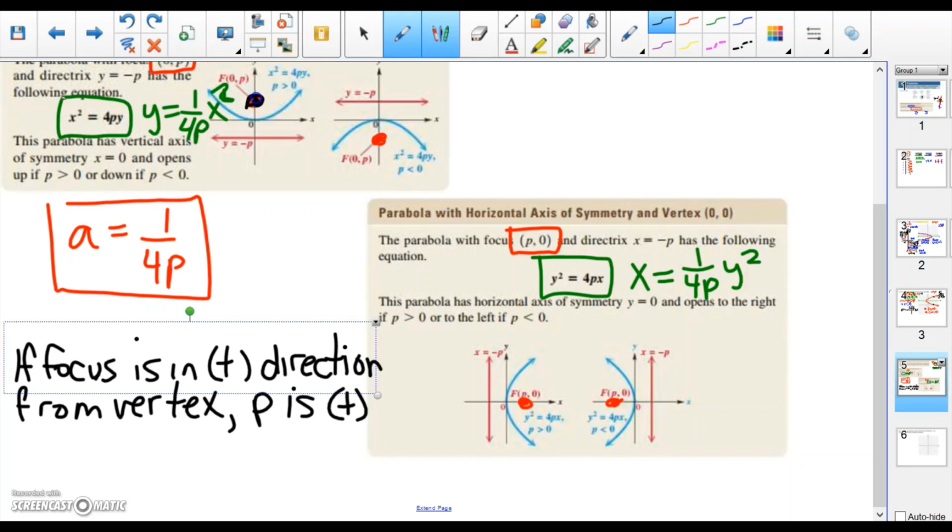The focus is in the positive direction from the vertex of this parabola, and so that p-value would be positive. And likewise down here, the focus is in the positive direction from the vertex of that parabola. So it's telling you what direction the thing's facing, if it's positive or negative. Okay, so if the focus is in the negative direction, then p is going to be negative. So I'm talking about if it's opening down or left.